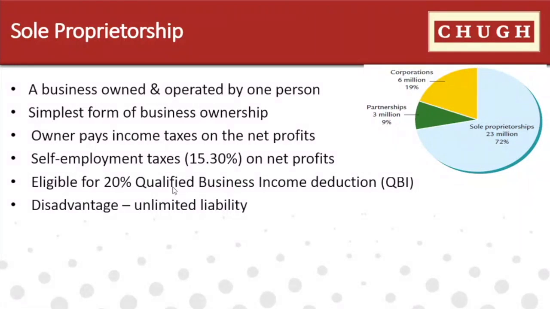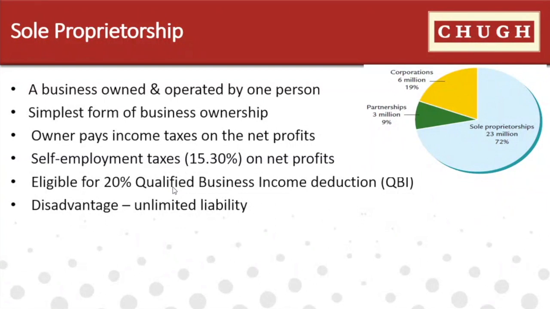In addition to paying income tax on the net profit of the business, the owner has to pay the self-employment tax, which is Social Security and Medicare tax. The tax rate is 6.2% for Social Security and 1.45% for Medicare.